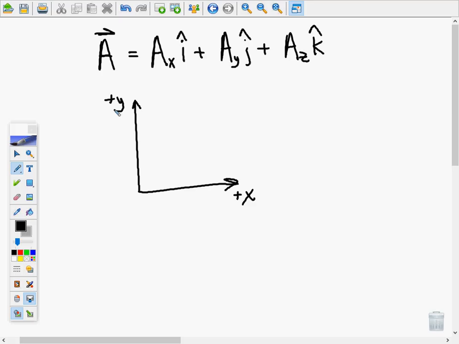It's hard to draw that, so if I just draw it at a 45-degree angle down here, sometimes it gives the illusion of a three-dimensional diagram. That would be positive z.